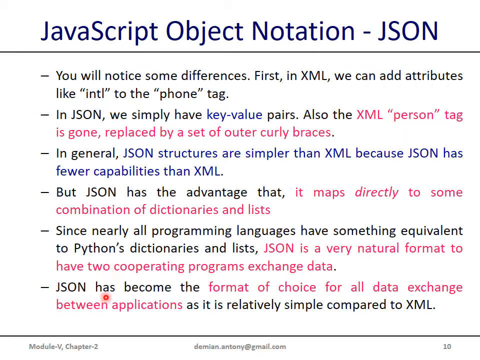That's why JSON has become the format of choice for all the internet programmers while designing applications for web, exchanging the structured as well as the internal data.